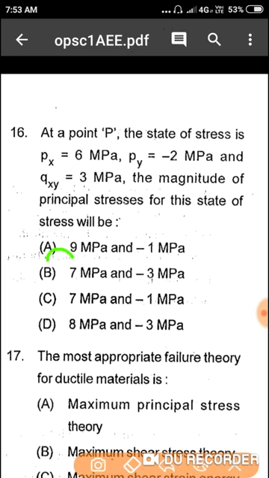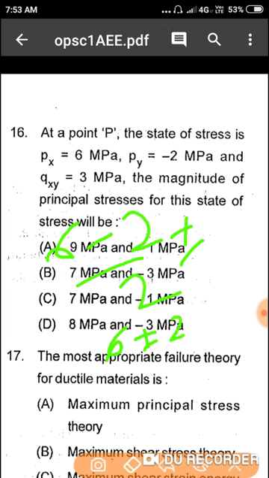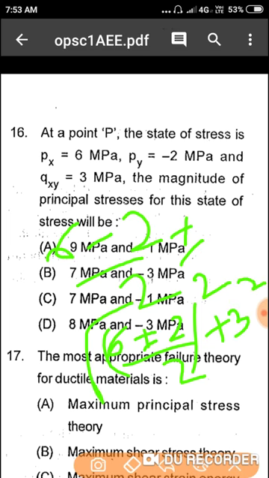First (6 minus 2) by 2 plus or minus the square root of ((6 plus 2) by 2) whole squared plus 3 squared.